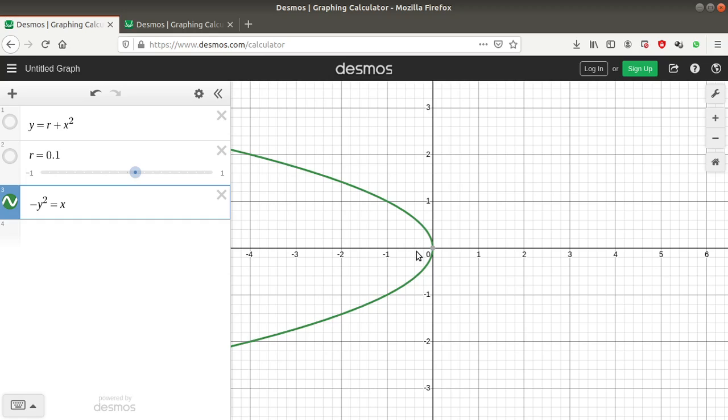Okay, but when r is equal to 0, then suddenly this solution and this solution collide into a single solution, and upon further increase in r, there is no solution. Okay, because there is no intersection of this curve with that vertical line. Okay, and this is known as bifurcation diagram.